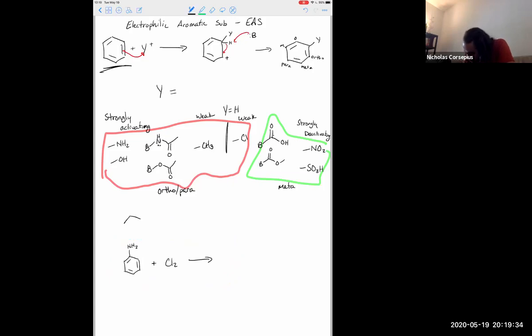If I have a naked benzene ring, I have to catalyze this reaction, right? Why don't I need to catalyze it with aniline?